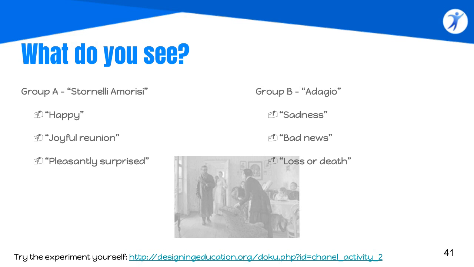You can try this experiment yourself if you have a group of people that you want to do it with. The link for that is at the bottom of this slide, if you want to be able to go back and get a hold of it. You can also find the Unexpected Visitors picture online. I do it just by handing out a set of playing cards. Whatever suit of playing card people get, that is the version they look at.